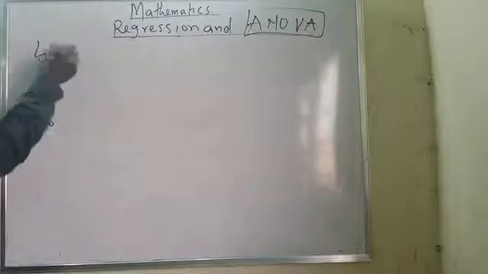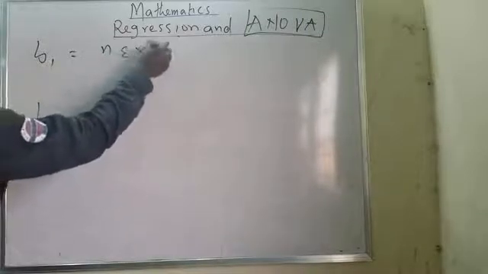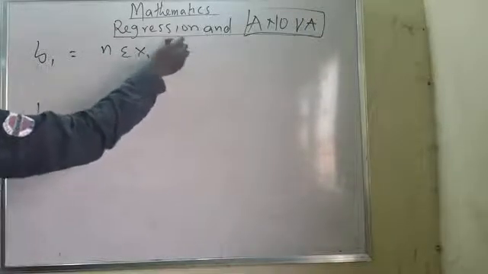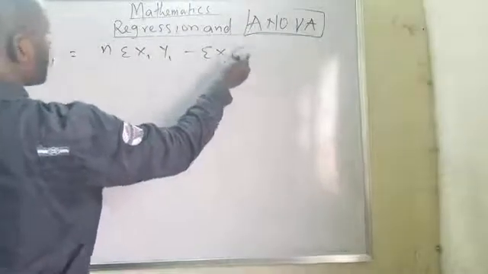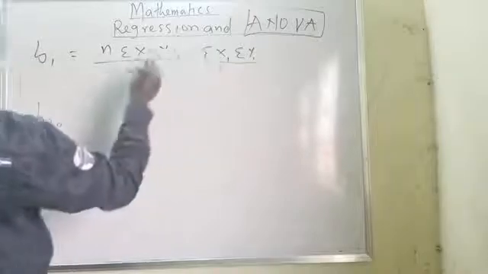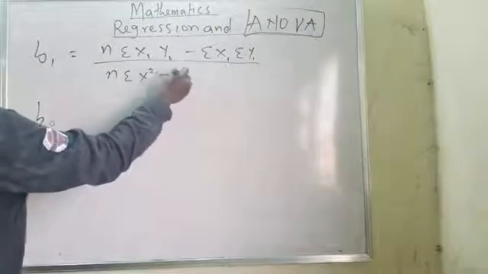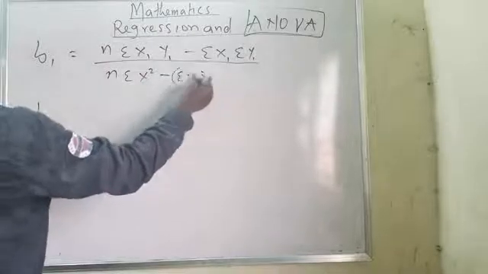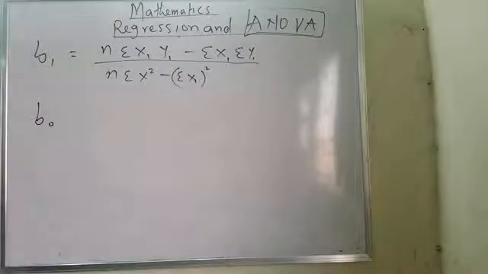Now, b1 is always equal to n summation of xi yi minus summation of xi summation of yi, divided by n summation of xi squared minus summation of xi all squared. That is my b1.